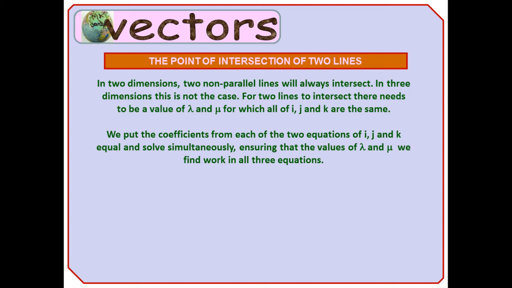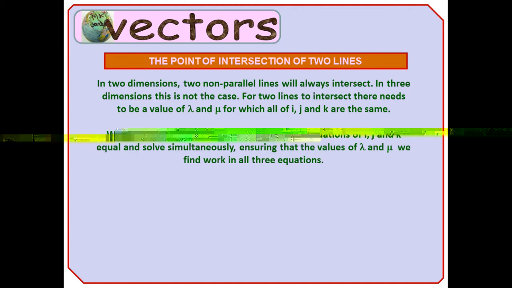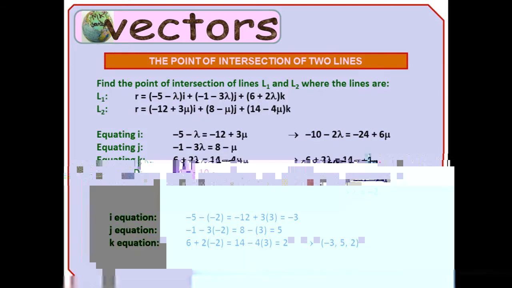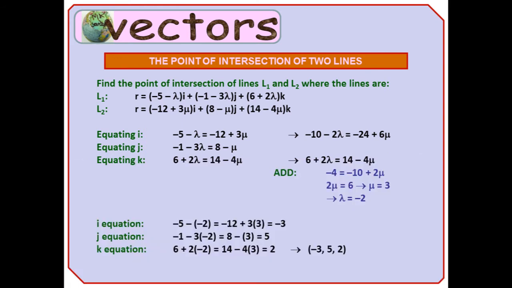Anyway, for 2 lines to intersect, there needs to be a value of lambda and of mu for which all of i, j and k are the same, that's all. We put the coefficients from each of the 2 equations of i, j and k equal and solve simultaneously, ensuring that the values of lambda and mu we find work in all 3 equations. Find the point of intersection of lines L1 and L2. So, I'm going to equate the i's, j's and k's.